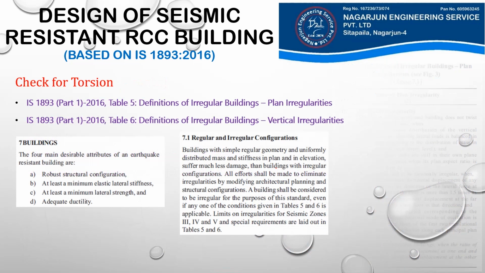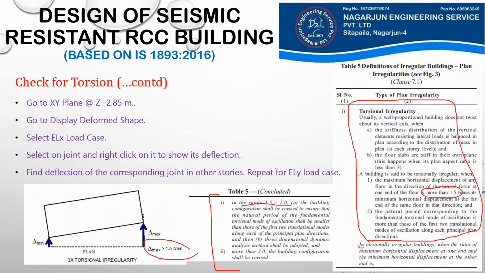This we already saw in our previous slide, in the table for modal participation mass ratios, that our time period for fundamental torsional mode was less than our time period for translation in X direction and translation in Y direction. We have adhered to this criterion, and B says three-dimensional dynamic analysis method shall be adopted.